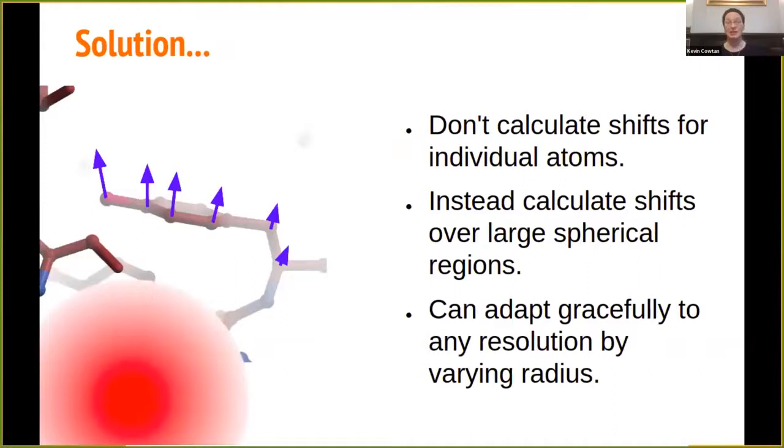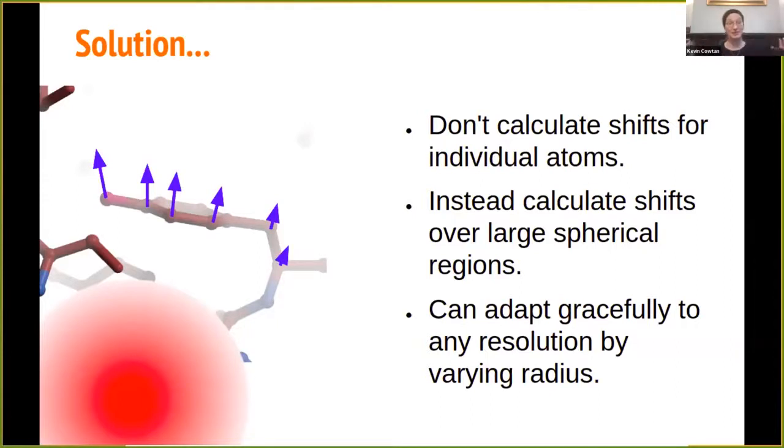So instead of calculating shifts for individual atoms, what we'll do is look at big regions of the map, big spherical regions are what we use. And we ask, does the gradient map correlate with the difference map over a large region, not over a region of an atom?